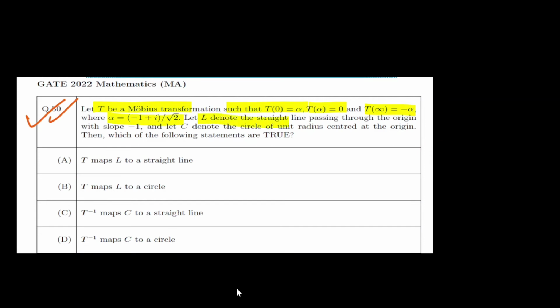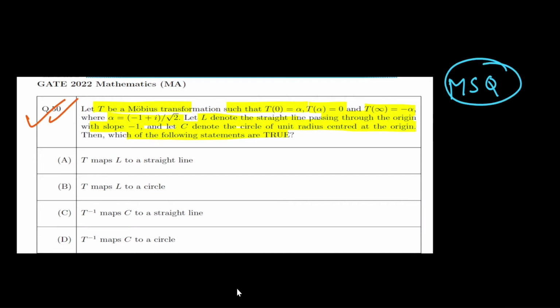Let L denote the straight line passing through the origin with slope minus 1 and C denote the circle of unit radius centered at origin. Which of the following statements are true? This question is of MSQ type, that is more than one option is correct.